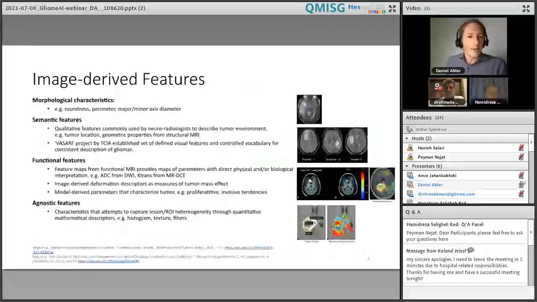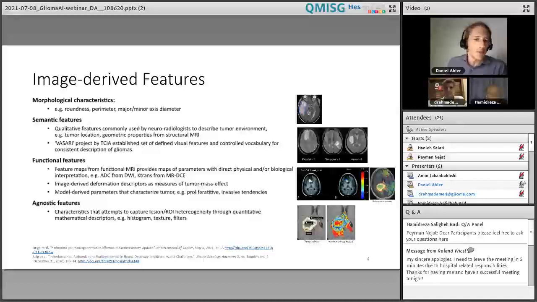Now we have already covered most of those. Once you have the image, of course, you can derive features from it. These can be based on morphological characteristics or so-called semantic features.